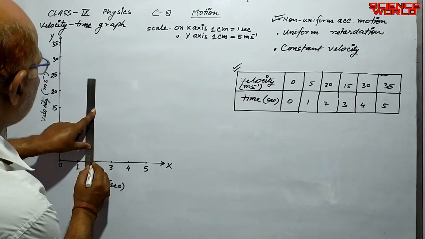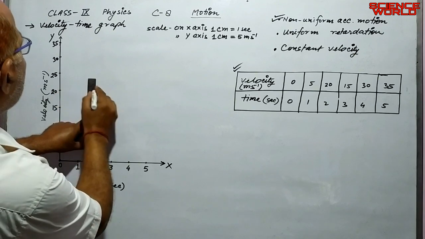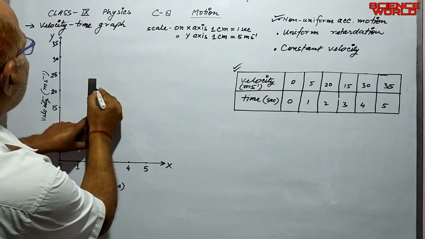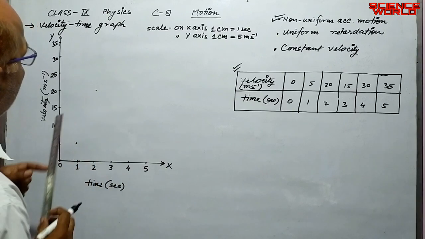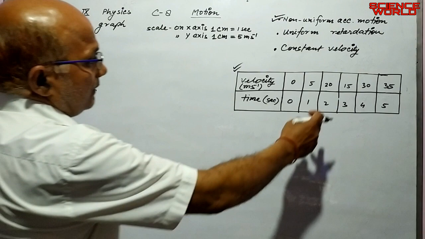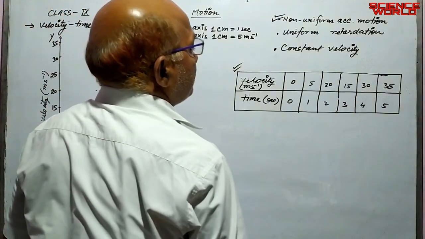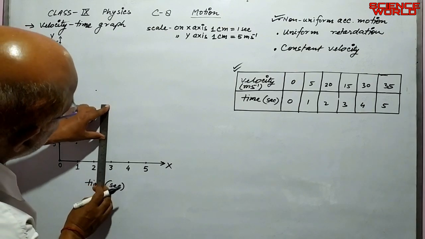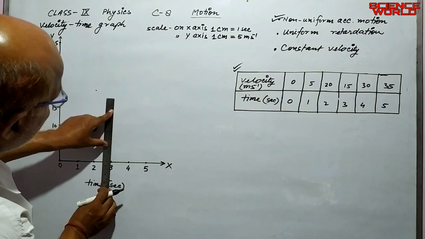So, this is 2 second and this is 20 meter per second. So, we will put a point here and in 3 second the velocity is 15 meter per second.